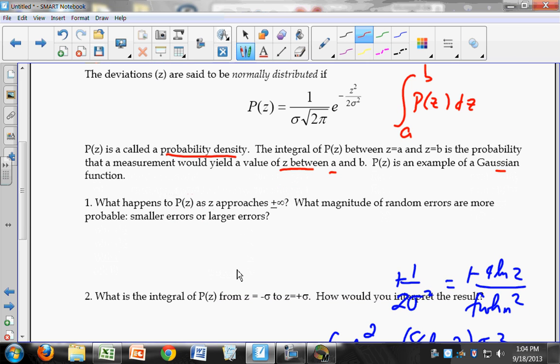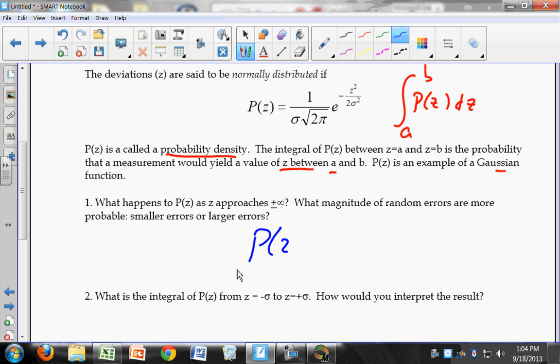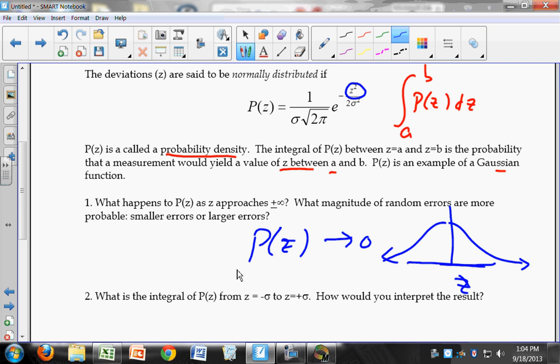What happens to P of z as z approaches positive or negative infinity? What happens when z approaches infinity or negative infinity? Yeah. So you can see your bell curve goes to 0 that way. As z approaches infinity, it goes to 0, as does z equals negative infinity. So what types of random errors are more probable then?